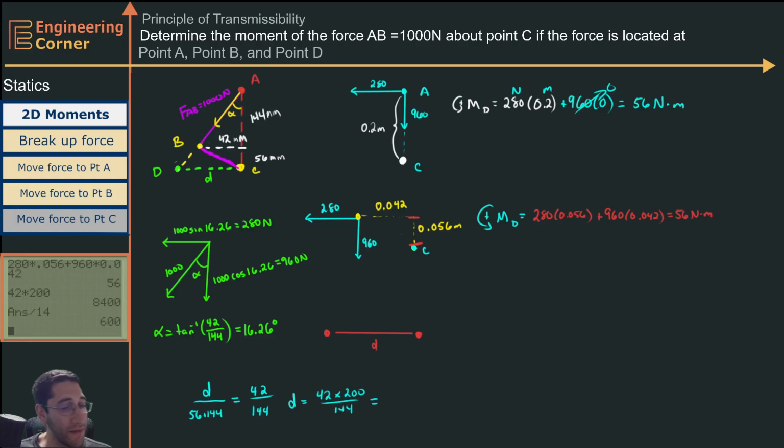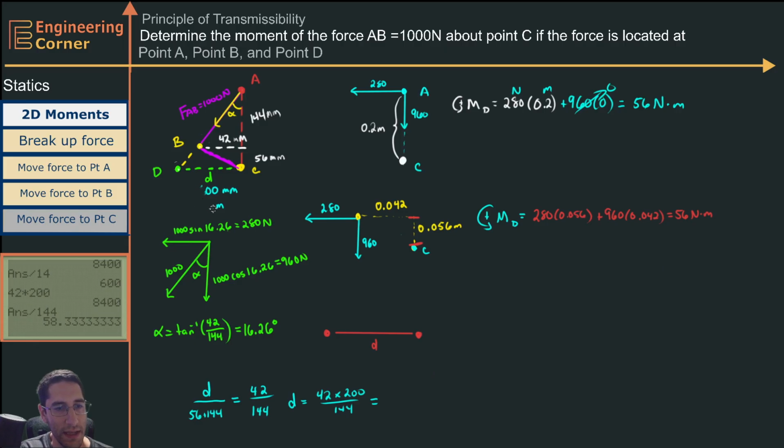And this will be equal to a distance of 600 millimeters, or 0.6 meters. Let me just make sure I did that right. So I actually had a typo over here. So it's 42 times 200 divided by 144. So it's actually 58.3 millimeters.